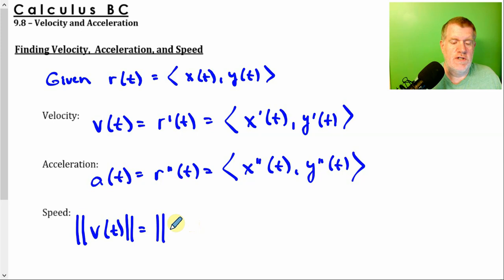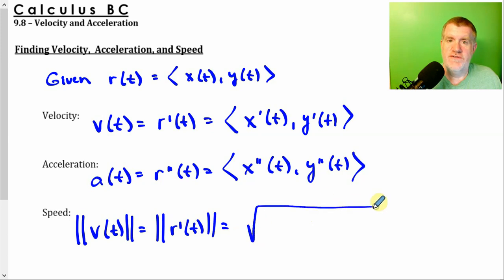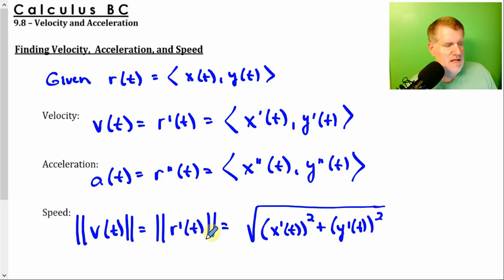And of course, velocity is the derivative of the position. Or put into xy terms, it's like the distance formula. It's the square root of x prime of t squared, added to y prime of t squared. Just like the distance formula. And that is your speed.